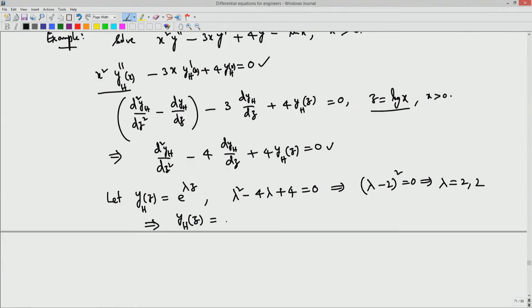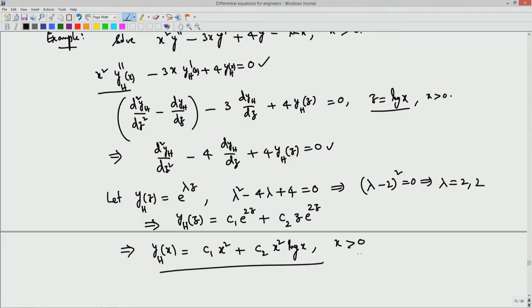yh of z is C1 e power 2z plus, because it's a repeated root, C2 z into e power 2z. Now I substitute z equal to log x, so that yh of z becomes a function of x: C1 x square plus C2 x square log x, for x positive.